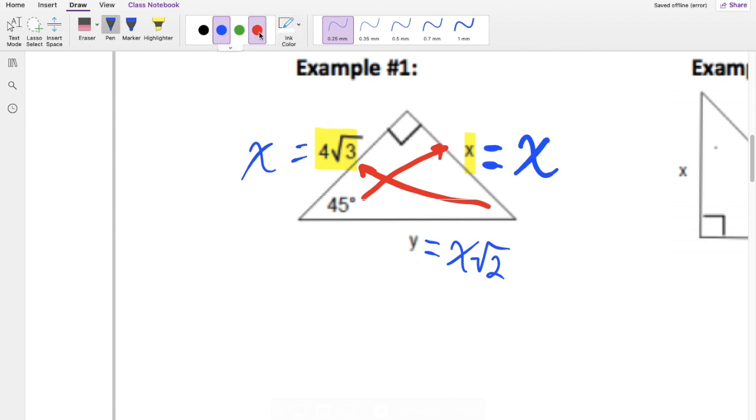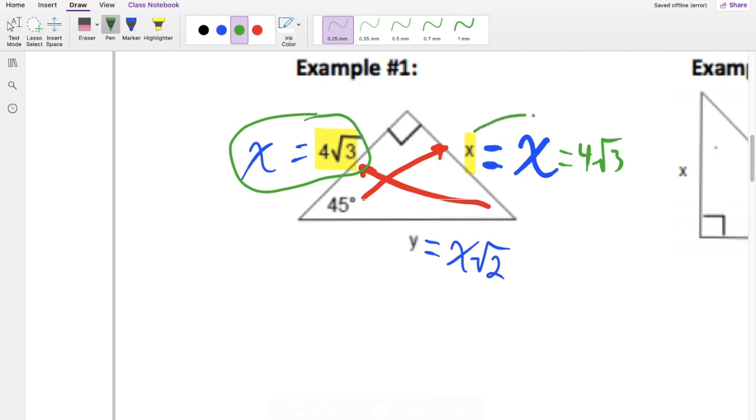Here I notice that I actually have what x equals. x equals 4 times the square root of 3. That means that over here, this also is going to equal 4 times the square root of 3, because again, this is what x equals. And down here, I just need to plug in that value for x.